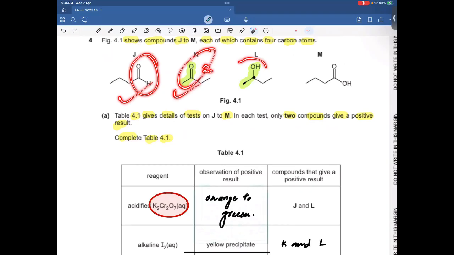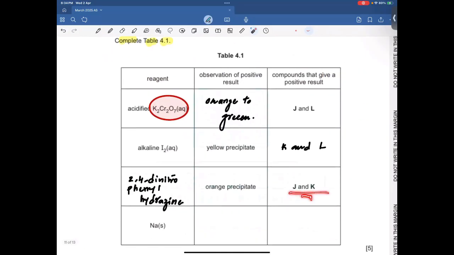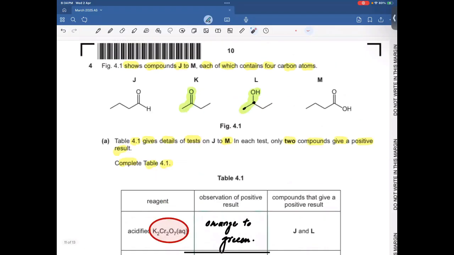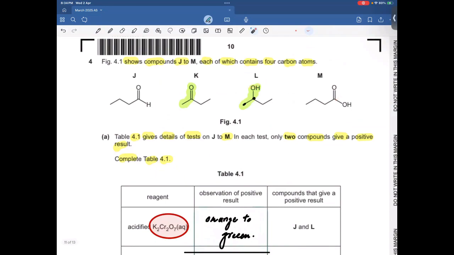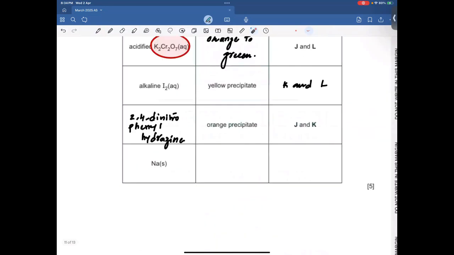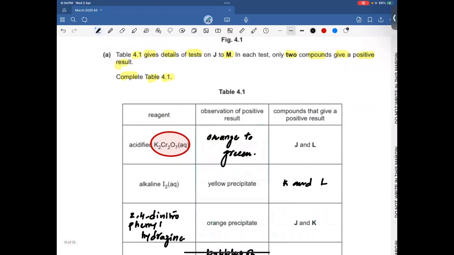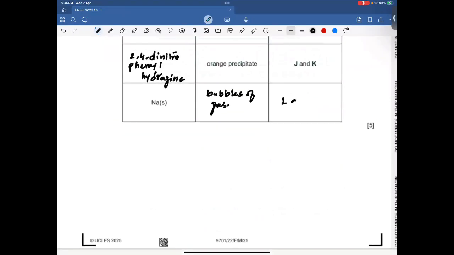That means J and K both give positive test. Sodium can react with alcohol and carboxylic acid only. So bubbles of gas is given off. And obviously L and M. Okay.